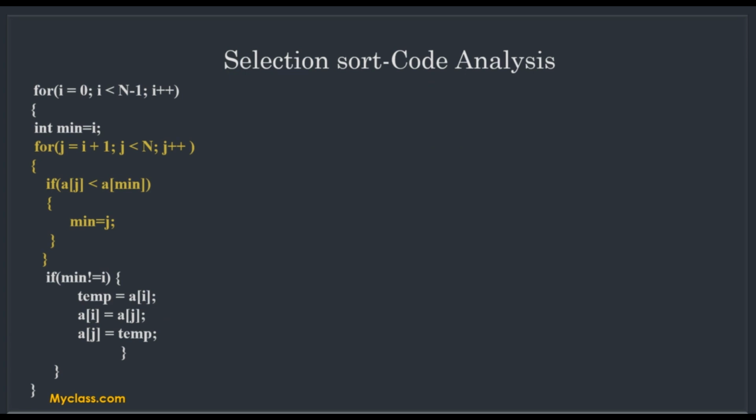So let's analyze the code. Our loop is i equal to 0 to i less than n minus 1, that is 0, 1, 2, 3, 4, 5. In this case n equal to 7. So when i equal to 0, all this should work. A constant time is required for this portion, so we are avoiding it, and here also a constant time is required, so we are avoiding it.